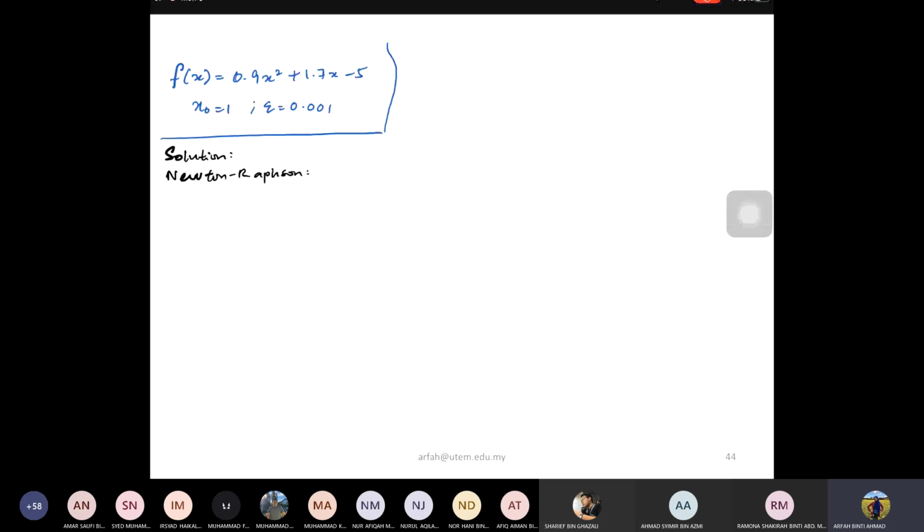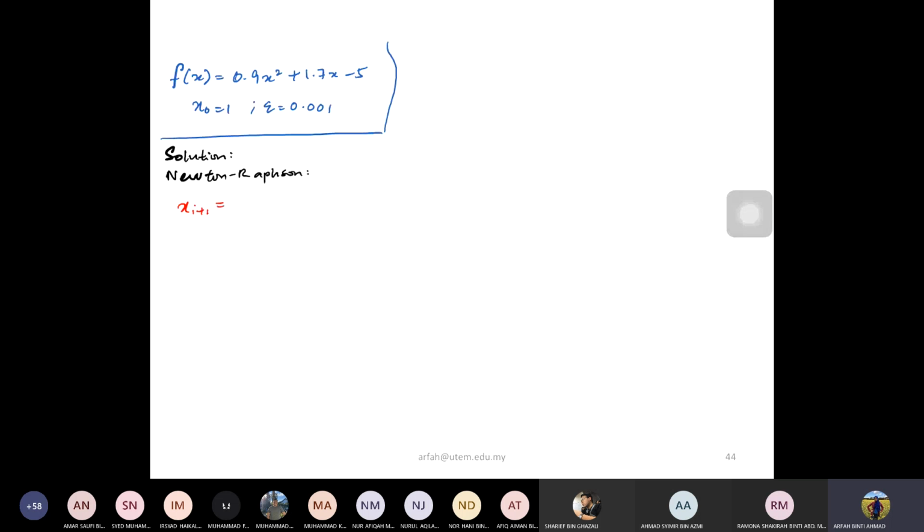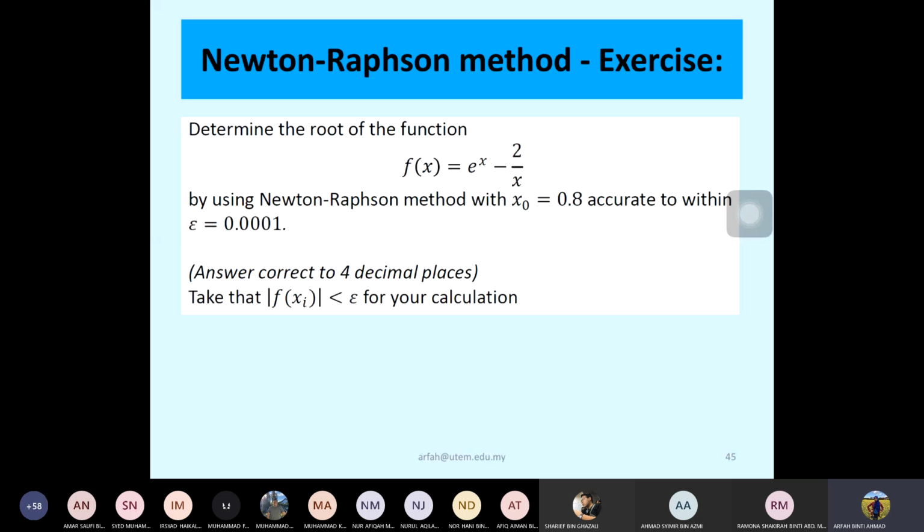Menggunakan Newton-Raphson yang mana kita ada xi plus 1 akan sama dengan xi minus f xi divided by f prime xi. So ini adalah menggunakan Newton-Raphson method. Kita akan menggunakan this formula to find the solution.